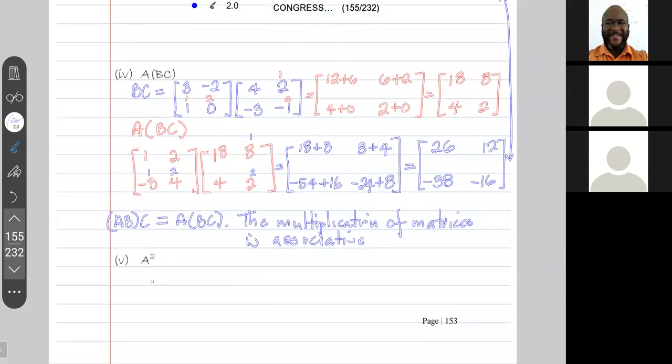And of course, A squared means A multiplied by A. So A squared, 1, 2, -3, 4. That's A multiplied by A. 1, 2, -3, 4.